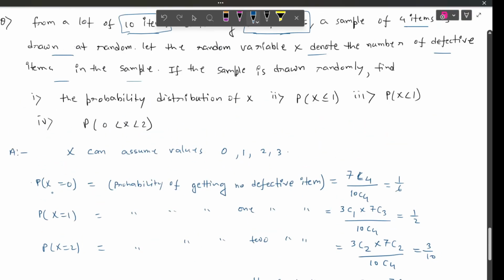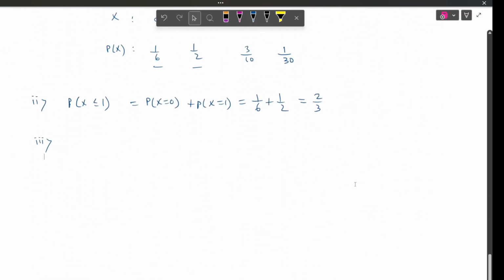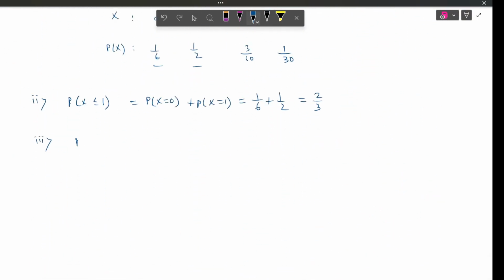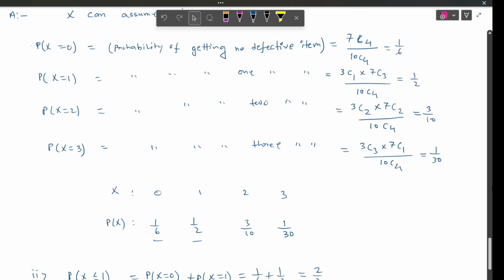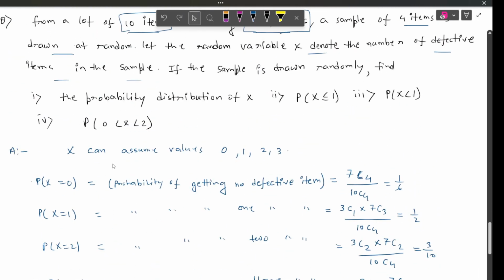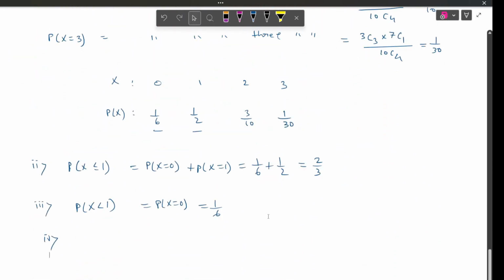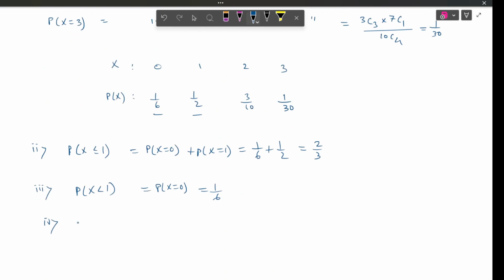And number 3 question is probability of X less than 1. So we have only one option, right? Strictly less than 1, that means probability of X equals to 0. That means 1 by 6. And number 4 is probability of X between 0 and 2. So probability of X equals to 1.